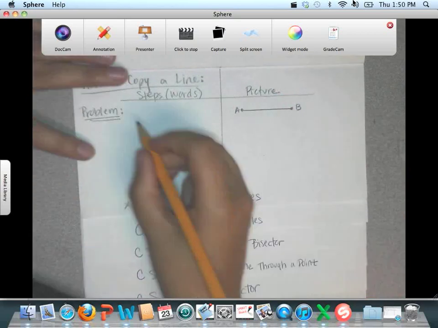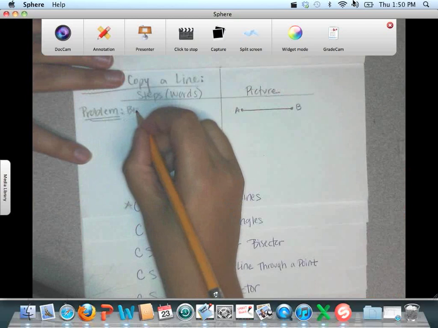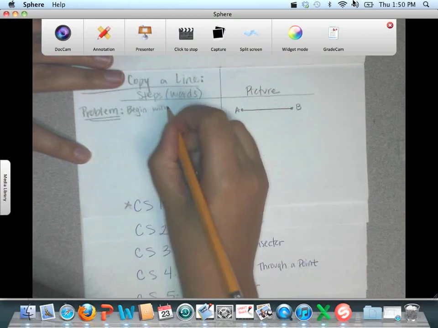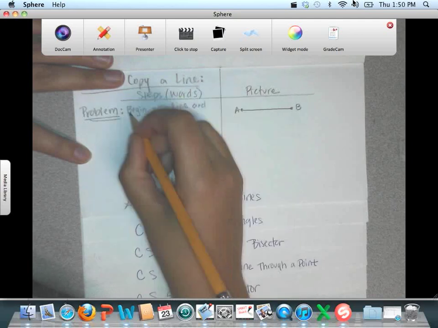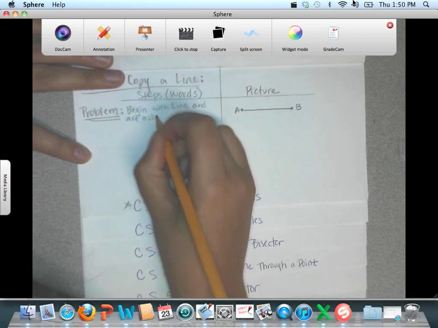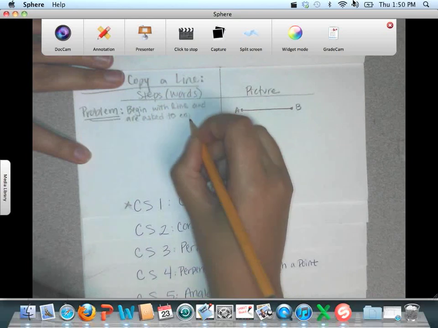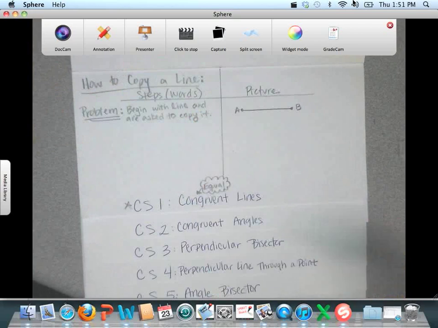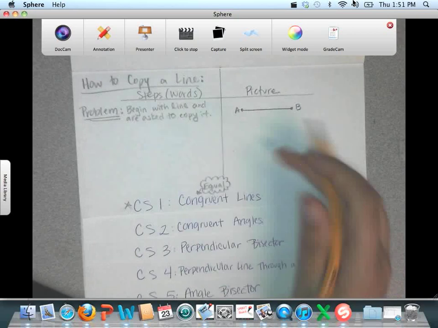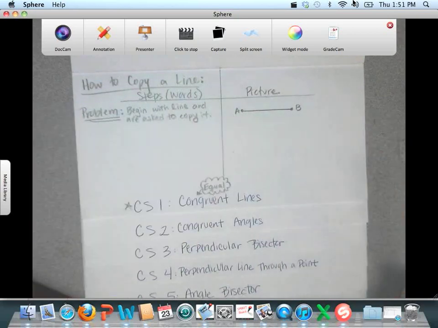You always begin with a line and are asked to copy it. Sometimes we'll say, draw a congruent line, or a lot of times they'll give you the steps and they'll say what they did wrong or which construction they are performing. But basically they're telling you to take this line and to copy it.